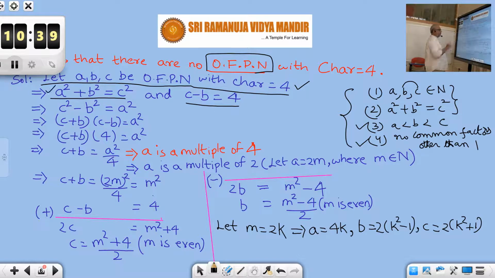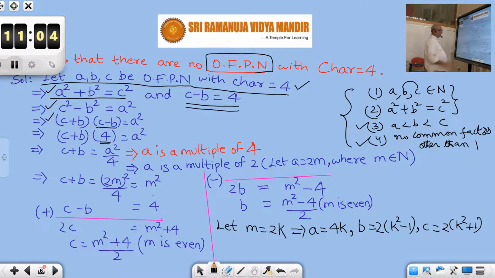So, from the equation A square plus B square is equal to C square, we can write C square minus B square is equal to A square. Factorizing, C plus B into C minus B is equal to A square. But because C minus B is equal to 4, I can put that value here, 4. Now, take this 4 to the right hand side.